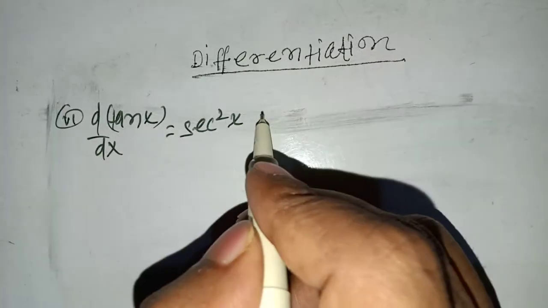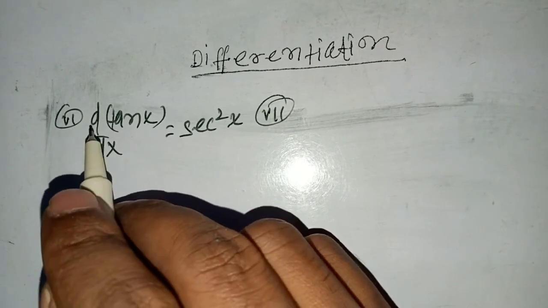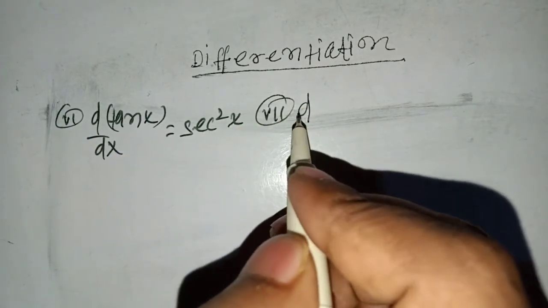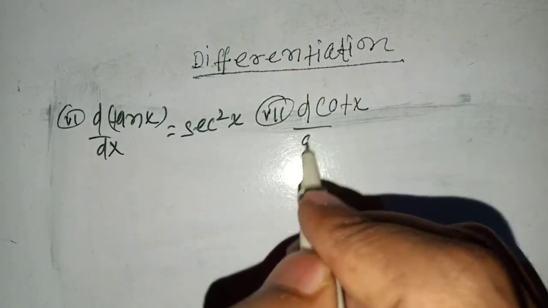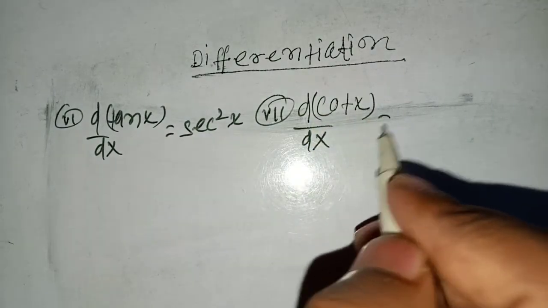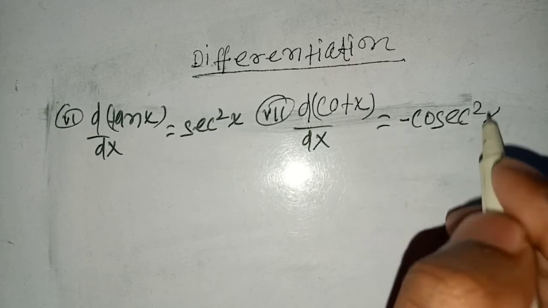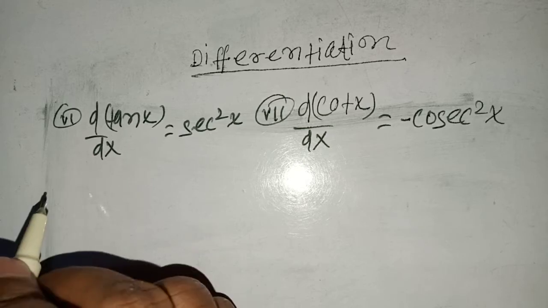Next, number 7, dy by dx of cot x is equal to minus cosec square x. Okay, d cot x by dx is equal to minus cosec square x.